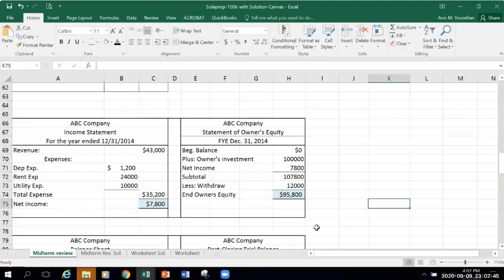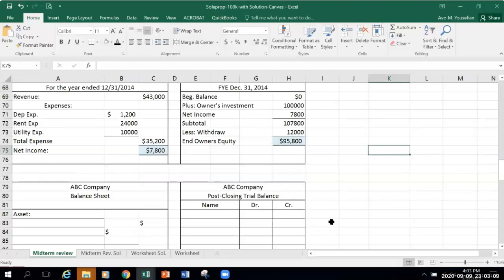So goodwill, you cannot have a goodwill unless you buy another business or another thing, and then you pay extra, and that extra payment on top of the fair market value of the asset will become goodwill. So if you go look at the Disneyland financial statements, Disneyland is a publicly traded company.